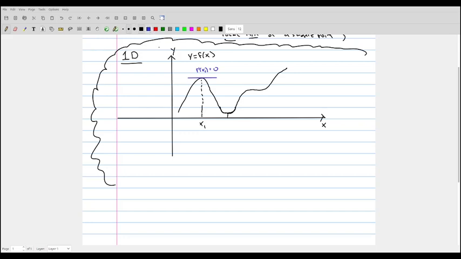You see that at x2 we have another critical point of this function, and this critical point right here is also a critical point of type 1, because the first derivative at this point at x2, or f prime at x2, is equal to 0.